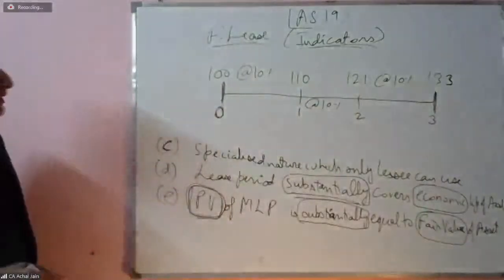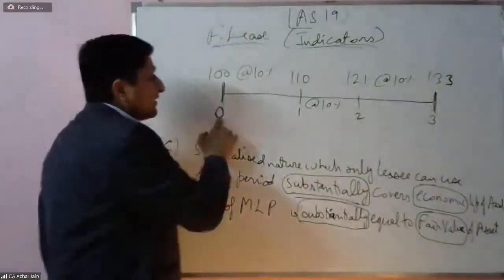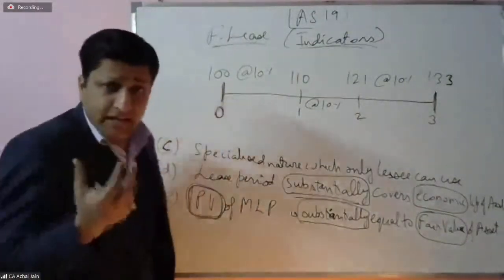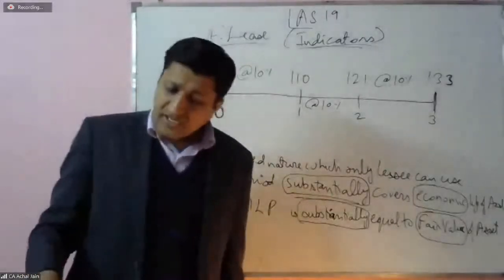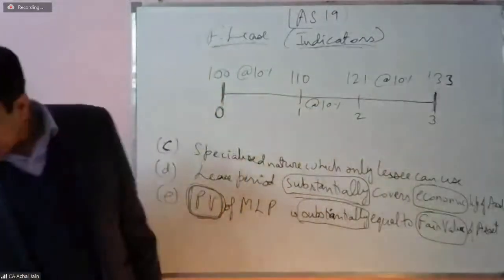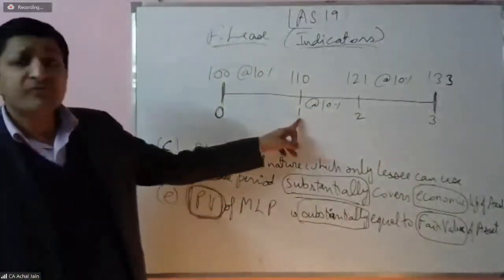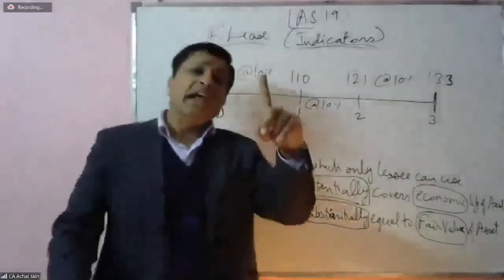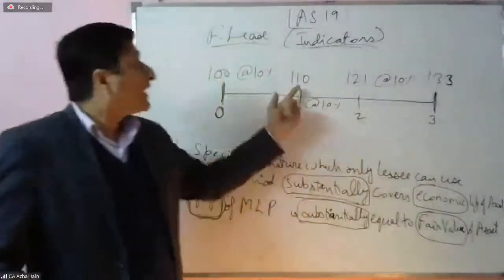Now for 100, the value 100, or you can say the current value 100, what is the future value after 1 year at the rate 10%? 110.